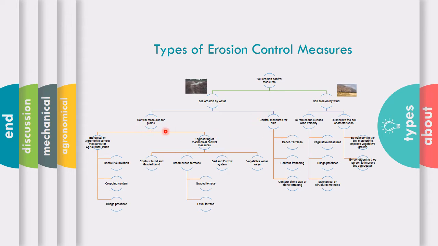The soil conservation measures adopted in plain areas will be different from hilly areas. In plains, there are two broad classifications, agronomical measures and engineering measures. Engineering is also called mechanical measures. In these slides we will be dealing with all the agronomical practices to control soil erosion.